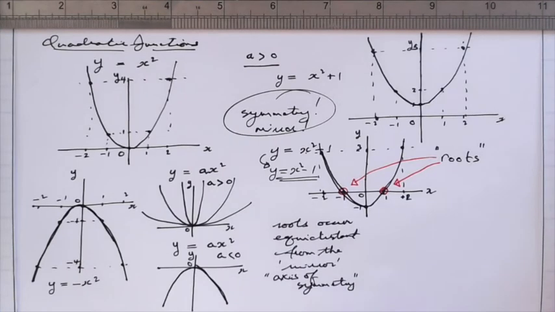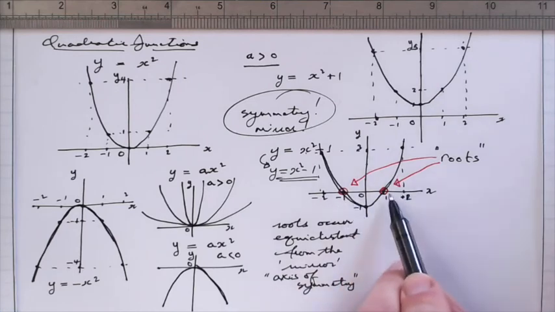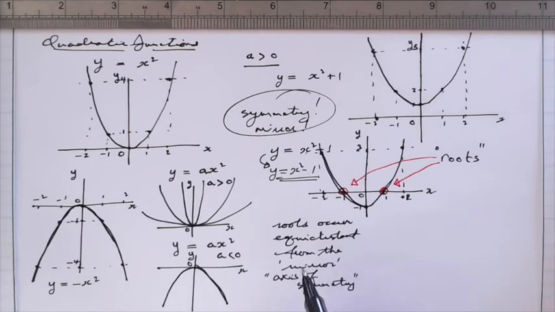But the concept that I want you to get from these simple sketches is that if the curve has roots, because look, this curve didn't have any roots, this curve does, has 2. If there are roots, they will be equidistant from the mirror, i.e. from the axis of symmetry. That's interesting because that tells you something.